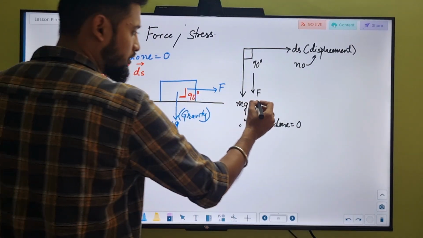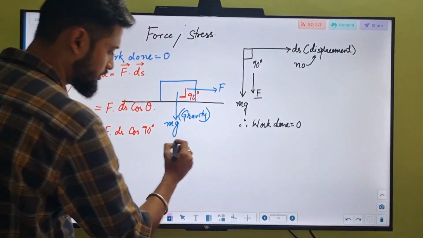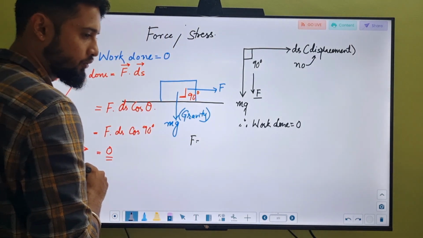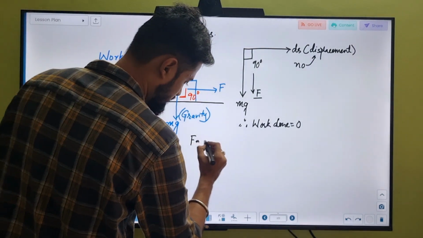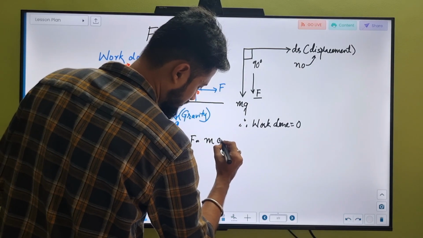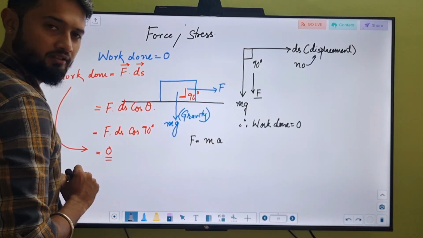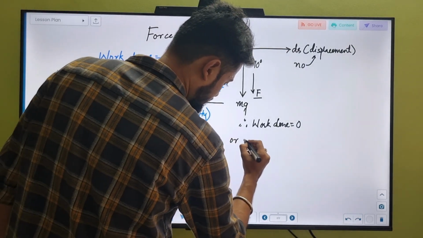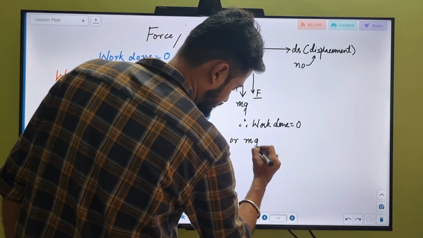Okay, now force. So we know that the formula of force is equal to mass into acceleration, or mass into acceleration due to gravity.